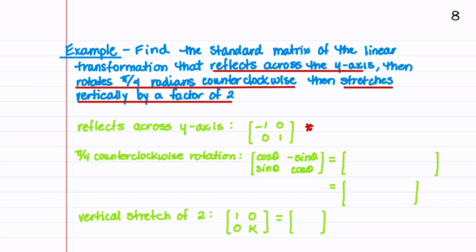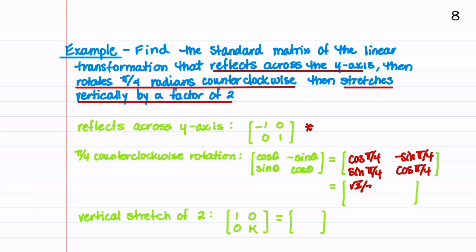Then we have a rotation. So I've written down our rotation matrix for counterclockwise rotation. Now what we have to do is plug in pi over 4. So this is cosine pi over 4, sine pi over 4, minus sine pi over 4, and then cosine pi over 4. We can now remember that sine and cosine of pi over 4 is root 2 over 2, so let's plug that in.